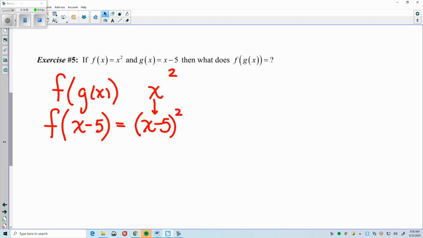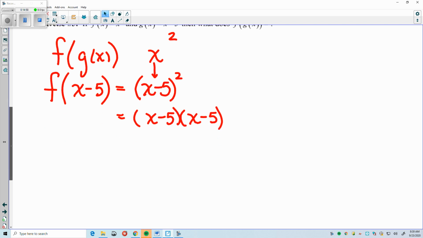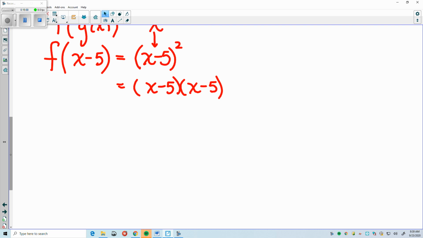Okay, so be careful with this. This is an easy place for people to make mistakes. If I'm squaring something, I need to think I have that factor twice. So this allows you to solve this by either using double distribution, FOIL, the box method. I'm going to do a little bit of the double distribution. So I would have x squared, my outside terms, so x times -5, I get -5x.